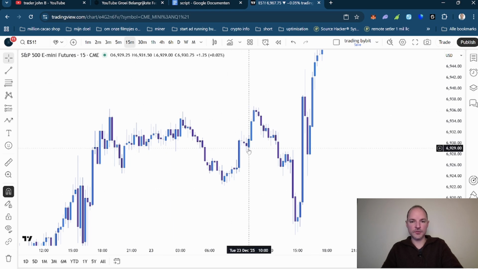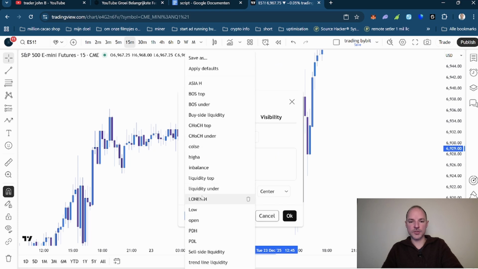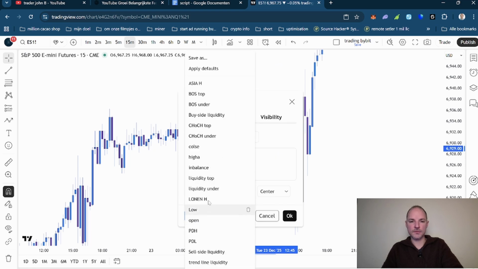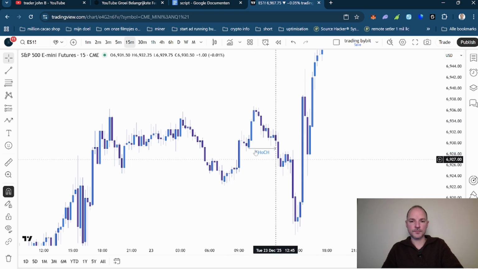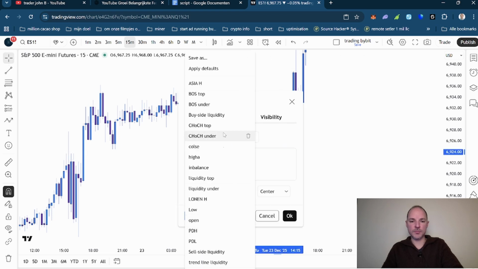This was an internal low right here that we broke with force and displacement. So this is a full changing character to the downside. And then here we have a continuation movement to the downside, so that means we have a BOS to the downside.